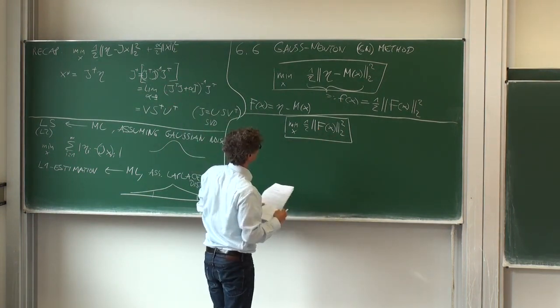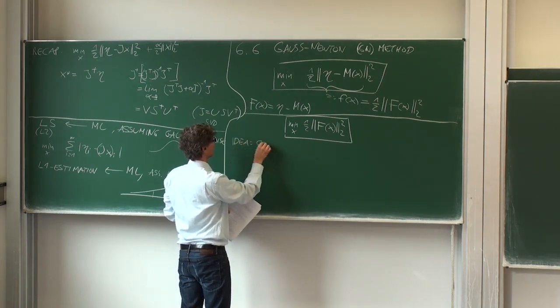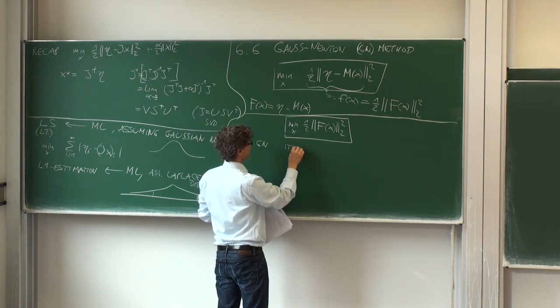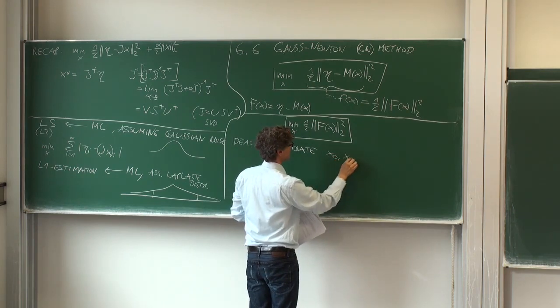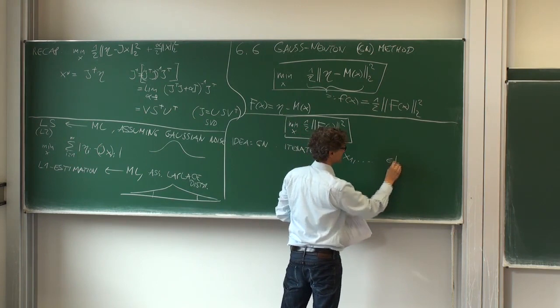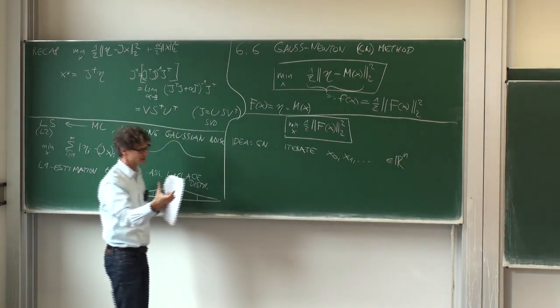So the idea of the Gauss-Newton method is to iterate x0, x1, and so on. These are all variables in Rn, so the index doesn't refer to the subcomponents, which sometimes also happens.